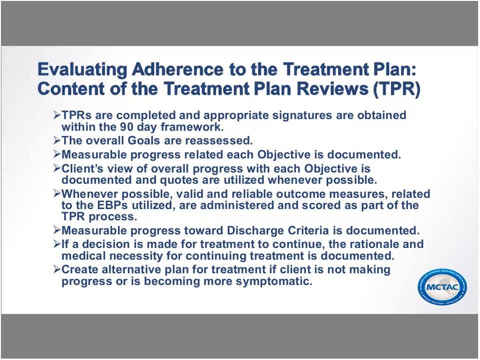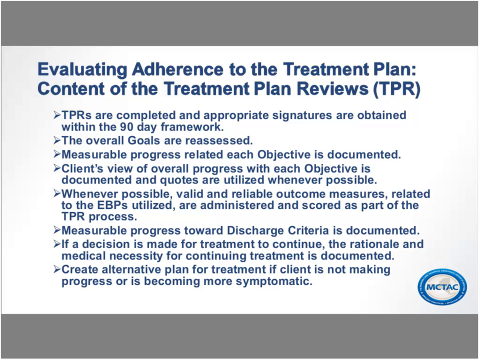Whenever possible, again, these valid and reliable outcome measures are used and related to the evidence-based practices utilized and are administered and scored as part of that treatment plan review process. Then we can document that measurable progress toward discharge criteria. If the decision is made for treatment to continue, if we're still seeing those functional deficits, that our discharge targets have not been met, we're not at those subclinical levels yet, then the rationale for medical necessity and continuing treatment is documented.